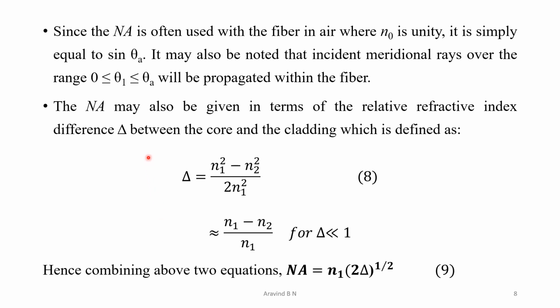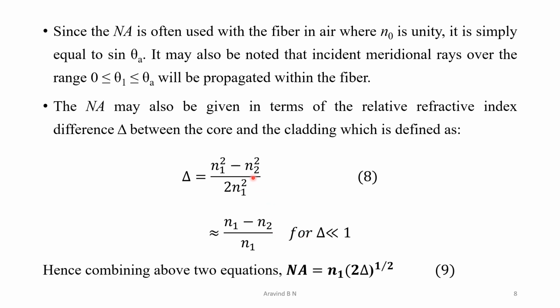Now in a special case, the numerical aperture may also be given in terms of the refractive index difference represented by delta. Delta is equal to (n1 square minus n2 square) divided by 2n1 square. It can also be represented as (n1 minus n2) divided by n1, since delta is a small value, much less than 1.